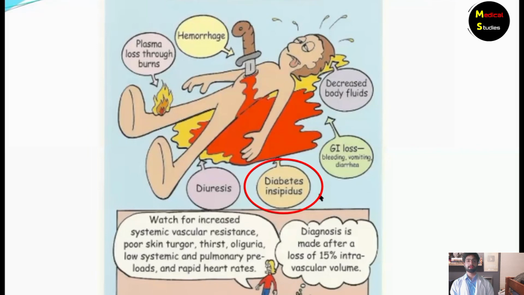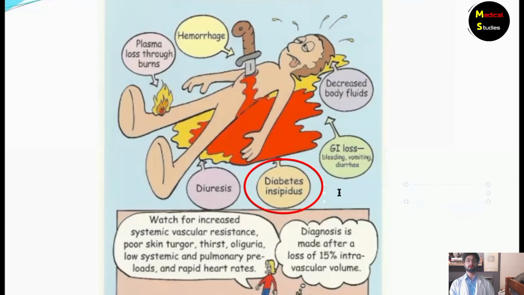So let me answer about this. Diabetes insipidus is associated with ADH, which means antidiuretic hormone. ADH is released by the posterior pituitary gland, and it is secreted from your hypothalamus. The function of this is the retention of water, especially from the collecting duct. If this ADH is decreased, that's what happens in diabetes insipidus.